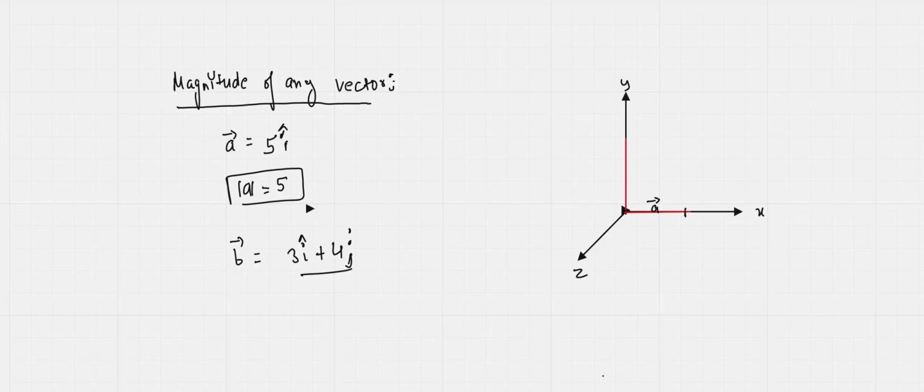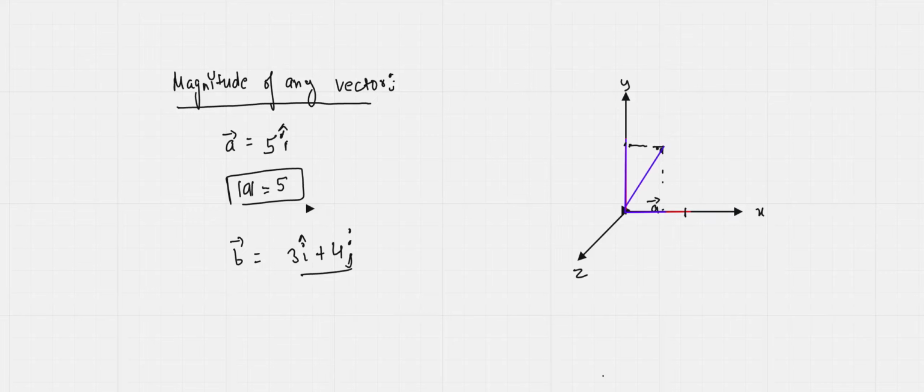Let's use a different color for this. You can see 3 on the x-axis and 4 on the y-axis. So this results in this vector b, where it finally reaches at this point. So I can simply say that this is the b vector. Can I say this, Bhavna? This is the vector b.